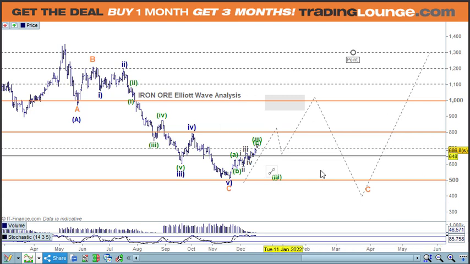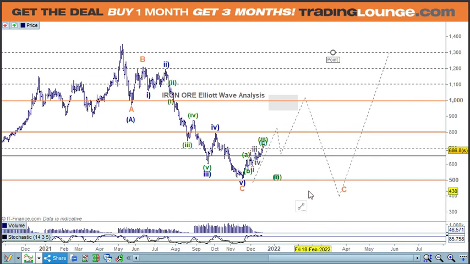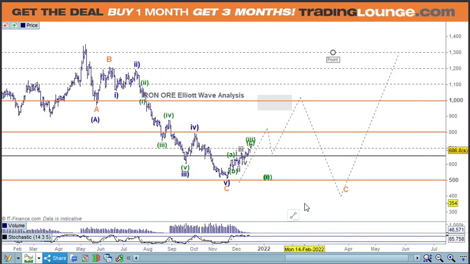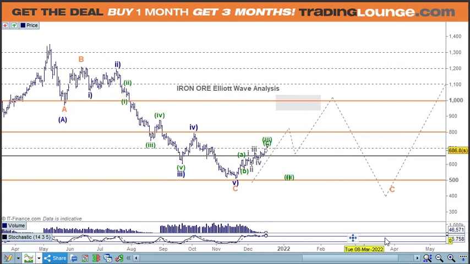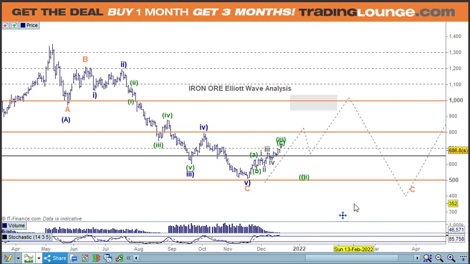Which probably wouldn't surprise me, being in line with some of the resource stocks with all of this. But in the meantime, if we're going up to this point here, well, that's okay too. We're trading BHP, Rio, Fortescue, those Australian stocks anyway, because I'm from Australia. But yeah, other stocks in your vicinity that are iron ore based.